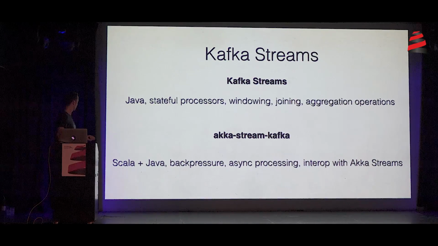While Akka Stream Kafka is, of course, mainly Scala DSL, with more sophisticated backpressure and focusing on async processing. And if you already have Akka in your project and Akka Streams, then integrating Kafka with your app is much simpler with Akka Stream Kafka.